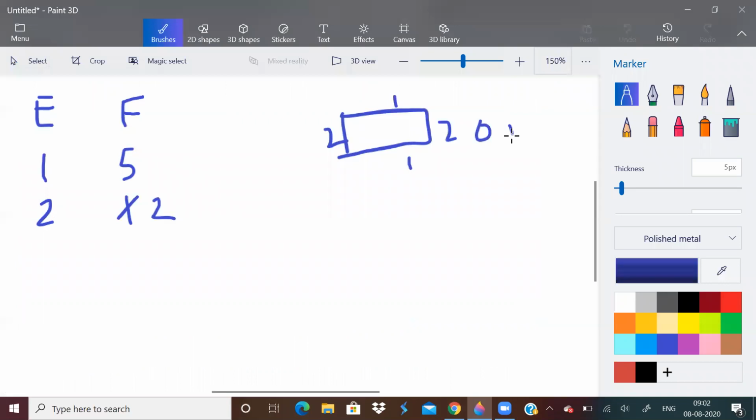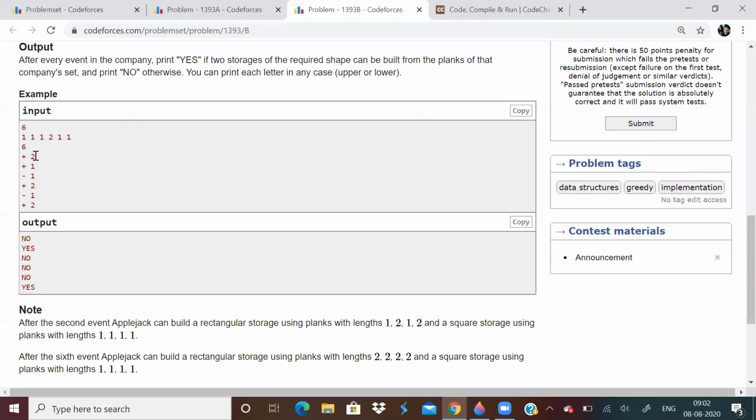Or we can make a square like this, 1, 1, 1, 1. But we cannot make both of them. Why? To make both of them, we need 6 ones. We have 2 twos, but we do not have 6 ones. So after this event, we cannot make a square and a rectangle. We print no.